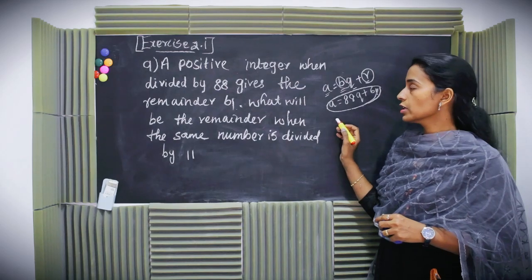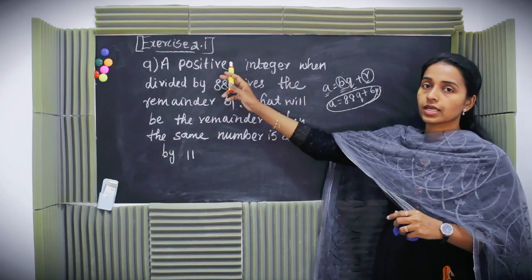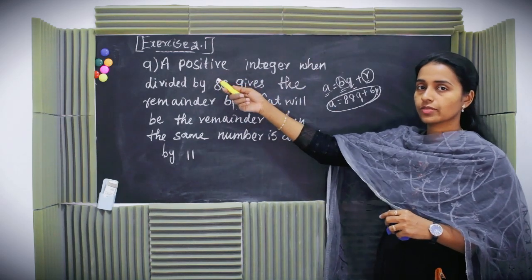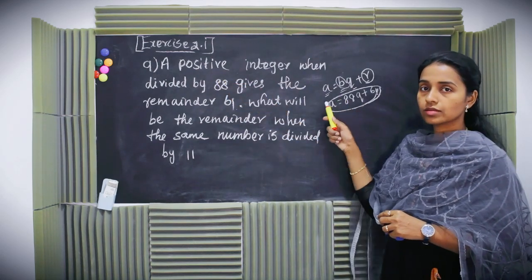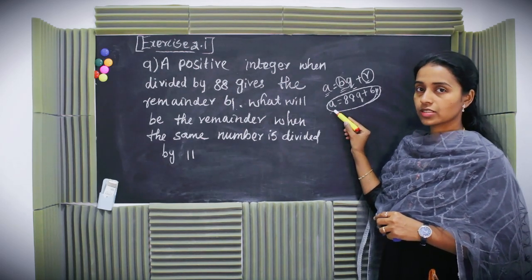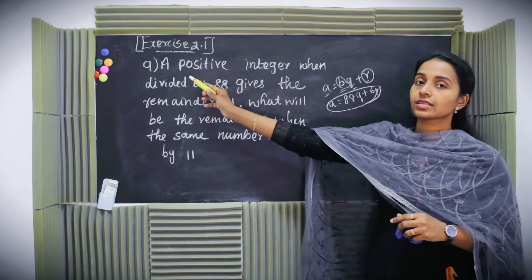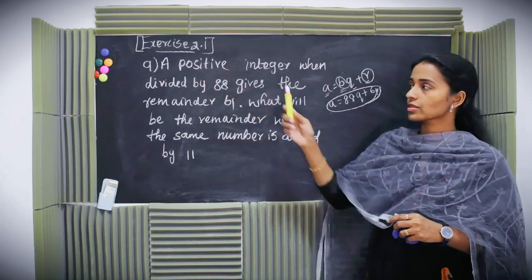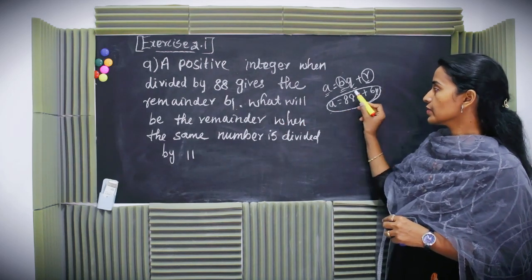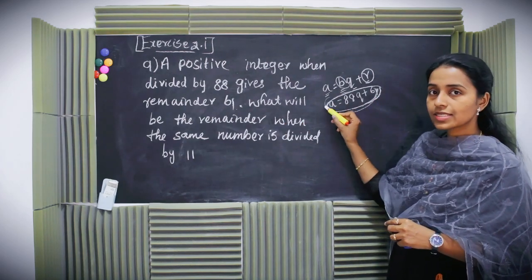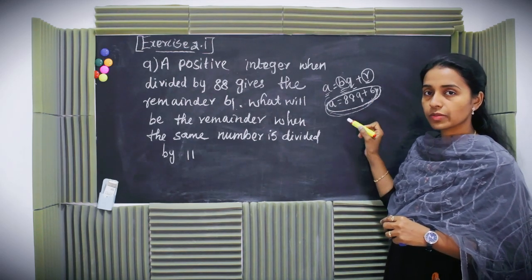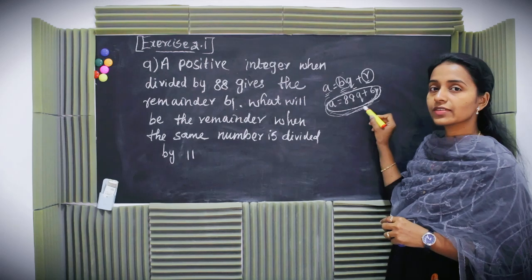If we take the letter A as any positive integer, the formula is this one, right? So this is the dividend. Here it's a positive integer. In this equation, we have to find out the remainder when this will be divided by 11.